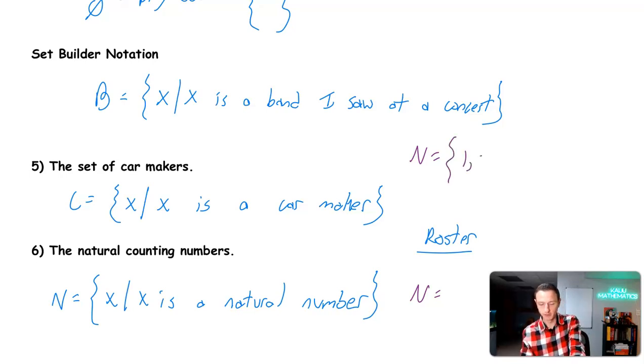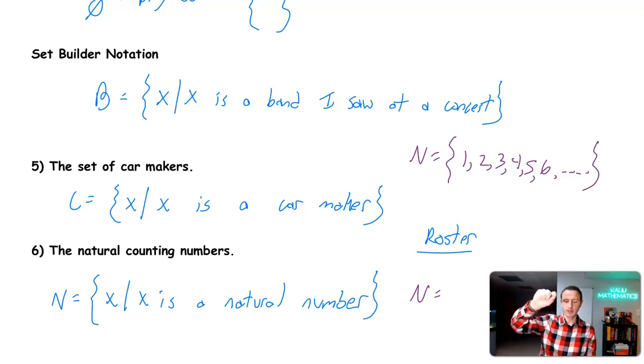So it'd be 1, 2, 3, 4, 5, 6, and those numbers just keep on going. So that set is not going to end. I have to indicate that with the comma and dots, meaning that set is going to keep going on forever, because the natural numbers are just the counting numbers 1, 2, 3, all the way through infinity. We can't actually define the stopping point of that set.